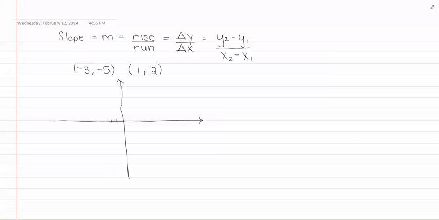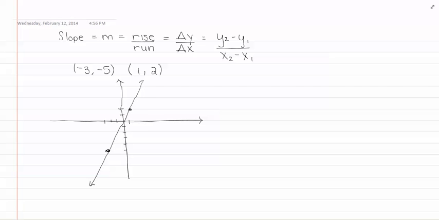Come over here to -3, go down to -5. So it's about here. And then come up to (1, 2), and then draw in the line that connects those up.